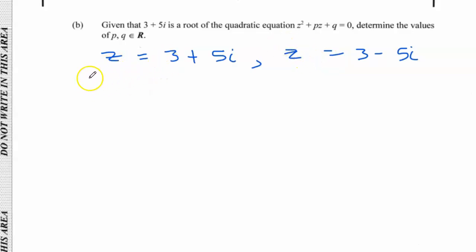So if we can just group it, we have z minus 3 minus 5i equal to 0. Likewise, group everything on one side.